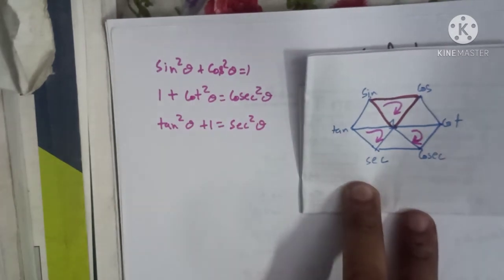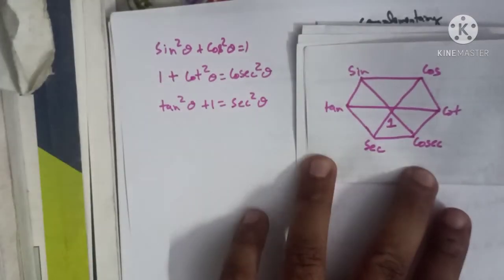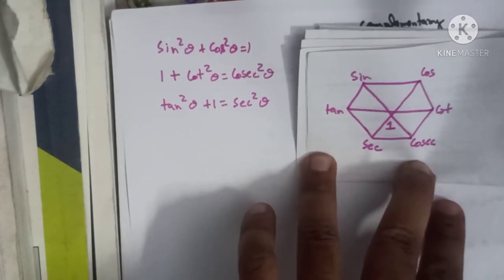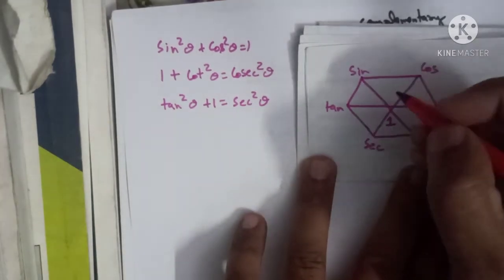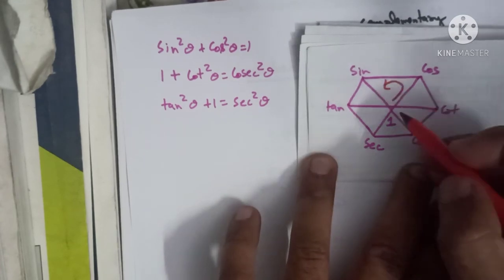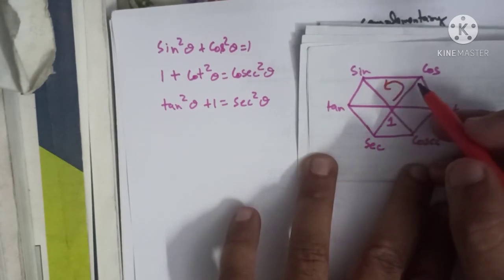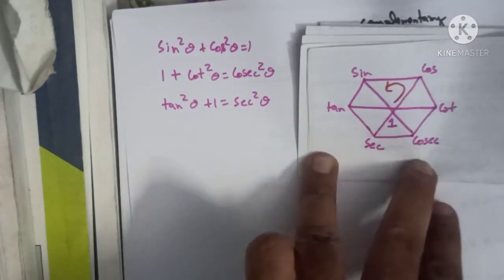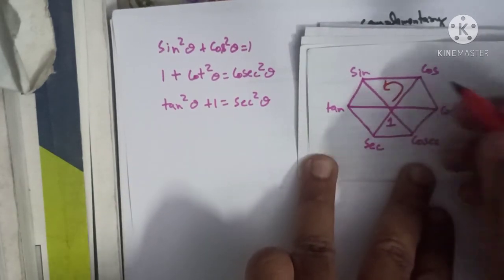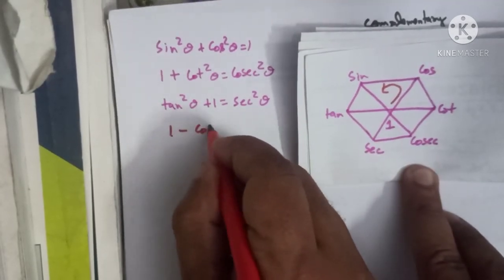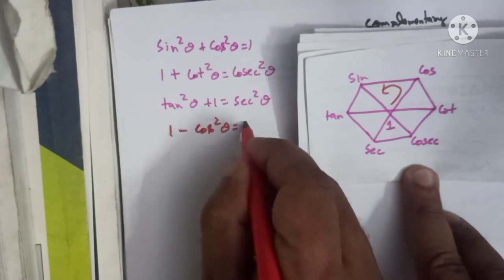Is it true for the anti-clockwise direction also? Yes, it is. Going anti-clockwise we have a minus sign instead of plus. So 1 minus cos square theta is equal to sine square theta.